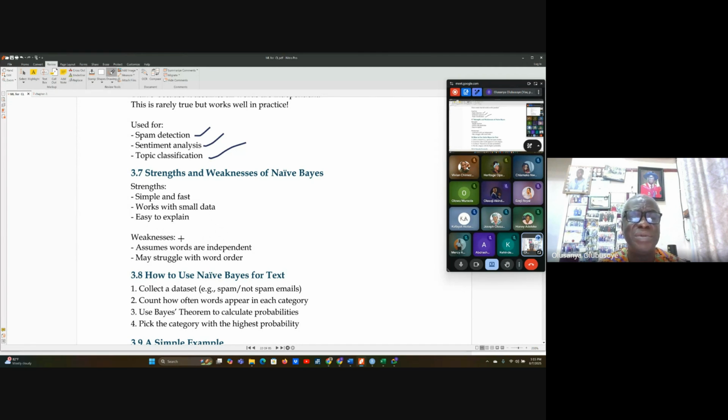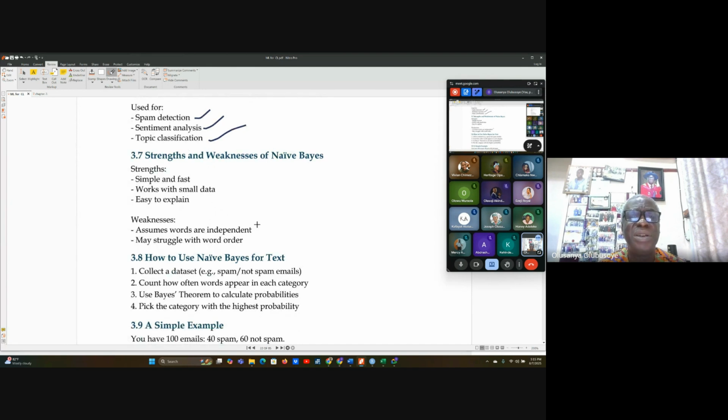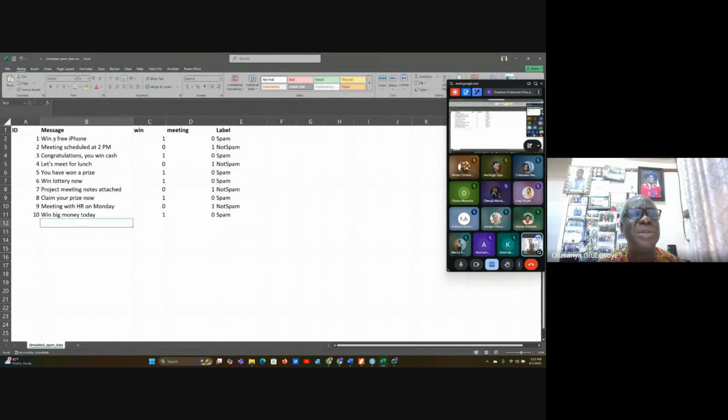Weaknesses, here we have two. The assumption is that the words are independent, that the composition of the words is independent. But we all know that that's a very strong assumption, which is not realistic.